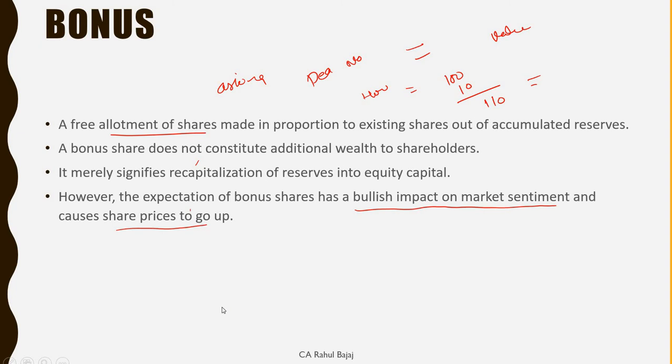Either they will give a dividend, so cash will go out, or they give bonus shares, so cash will remain with the company. When the company gives dividend, that means the company is not having an opportunity to invest or take that money's benefit. When bonus shares are given, the company feels that if it keeps that money, it will do better business and give a better opportunity to earn more, so the company issues bonus shares.